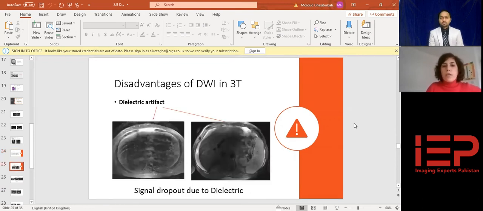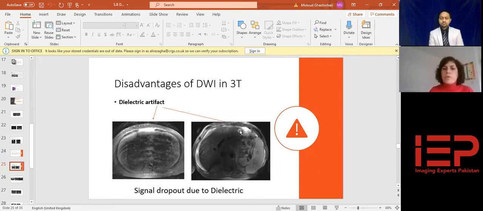And the other one is the dielectric artifact, which I explained in the presentation. If you like, you can refer to that. You see some signal dropout because of the dielectric effect. But again, I'm a GE user. GE has just recently provided all of the scanners with a dielectric pad.